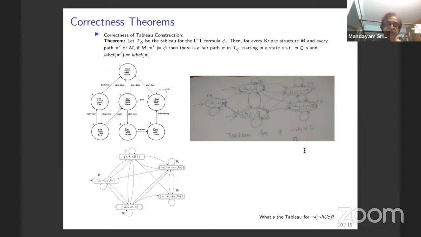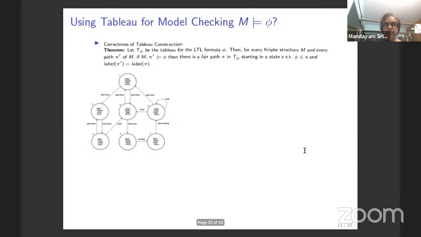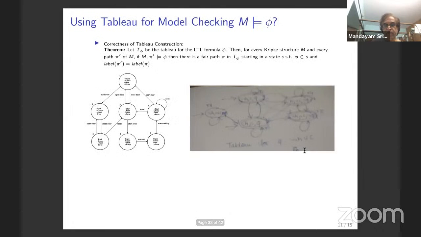This is important because, as you can see, how do you model check it? What are the steps for model checking it? First, you construct the tableau. If you want to verify phi, that is, check if a property phi holds good for a given Kripke structure, given transition system, you construct the tableau for the negation of the formula.